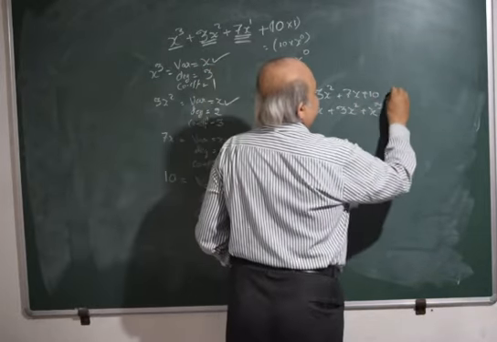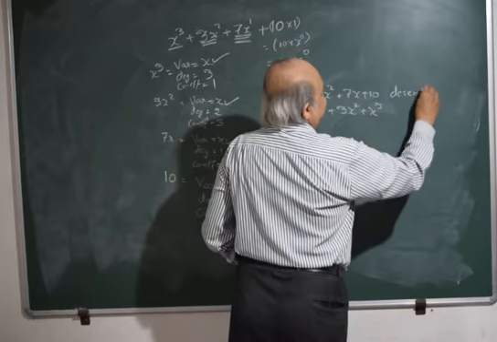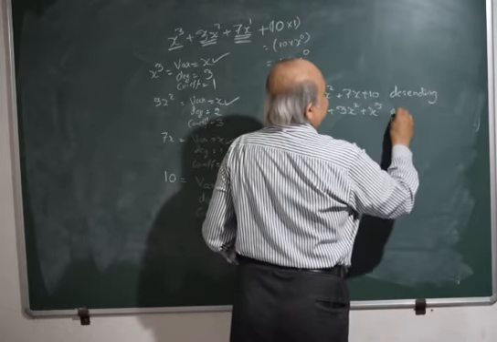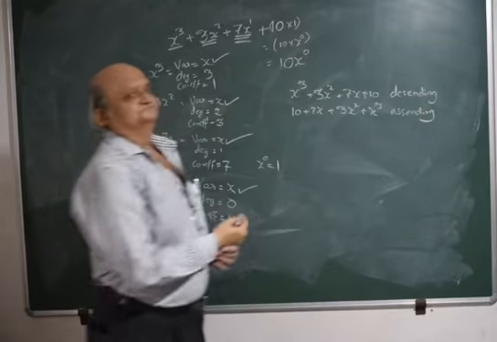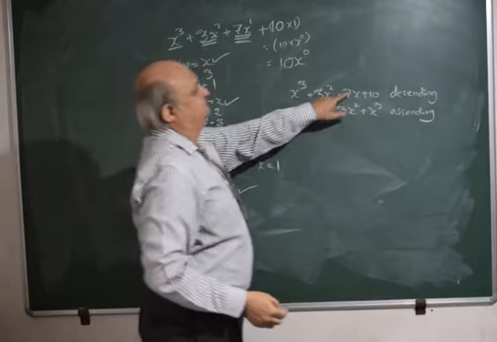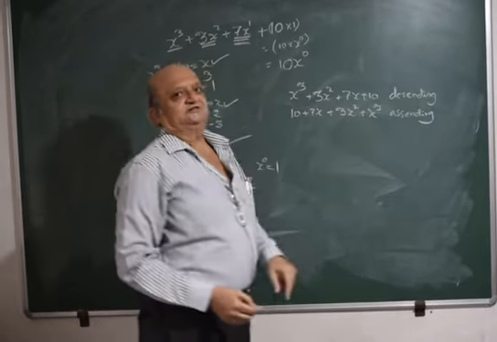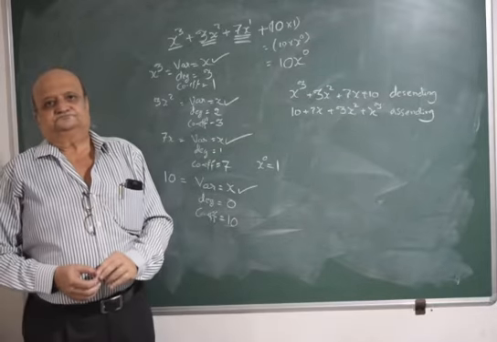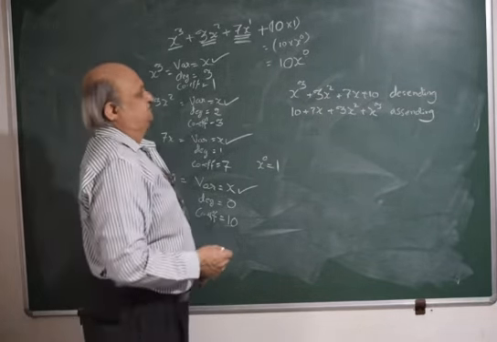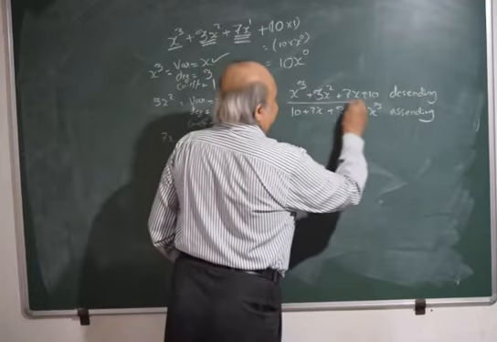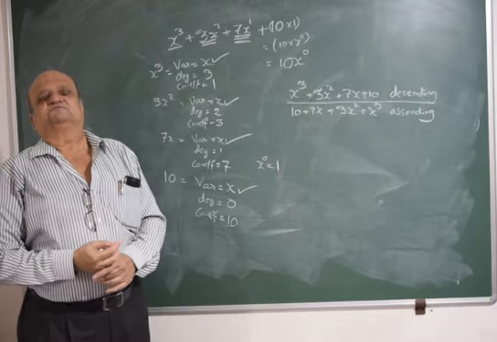So this is descending order and this is ascending order. That is 3, 2, 1, 0. Here it is 0, 1, 2, 3. For solving our questions, it is always preferable to use the descending order of power.